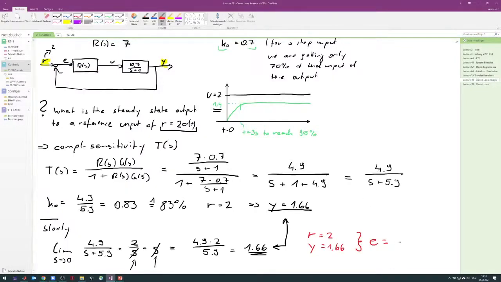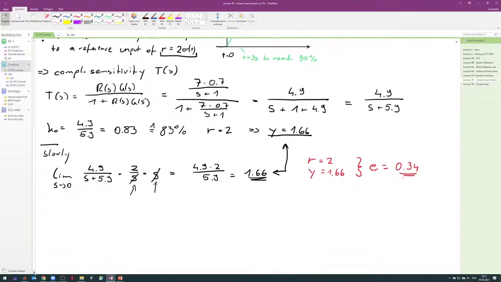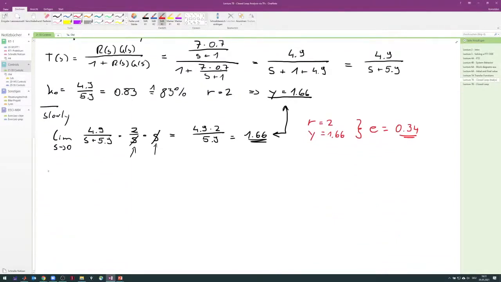So the question would be, can we compute this error via a closed loop transfer function? Obviously we can.